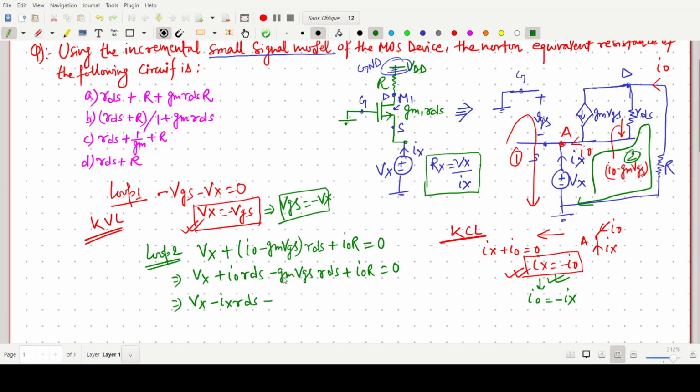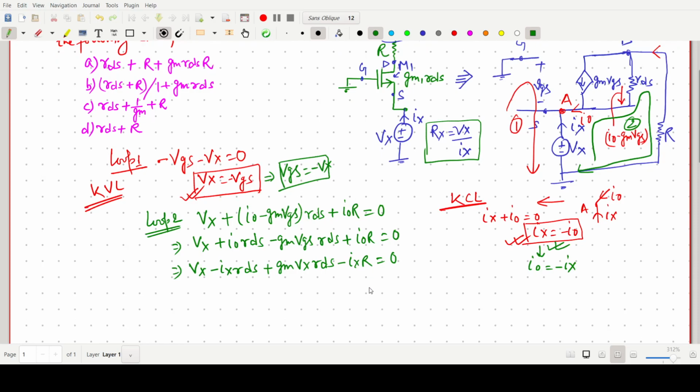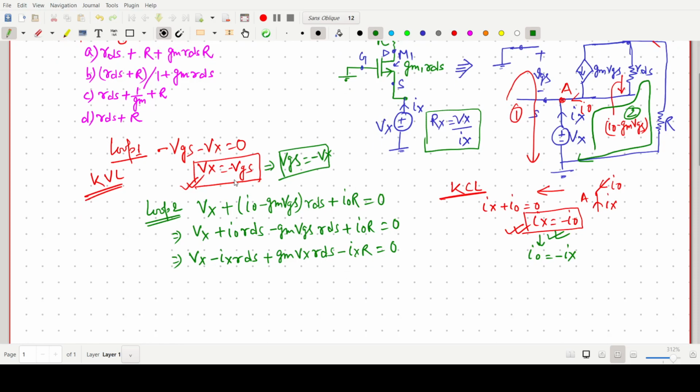So this will be plus Gm Vx RDS. We are replacing Vgs with minus Vx and I naught with minus Ix, so it should be minus Ix R equals to 0. Okay, simple calculation. We are using Vx equals to minus Vgs, Ix equals to minus I naught.